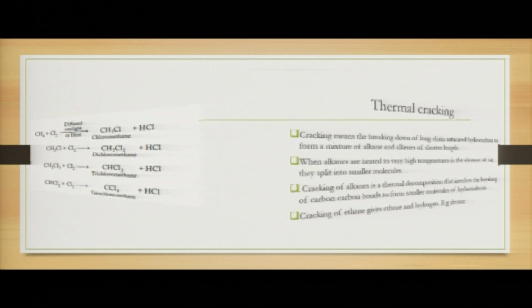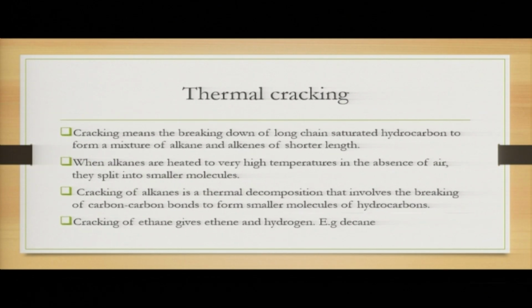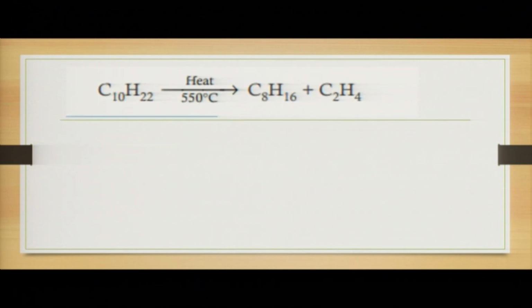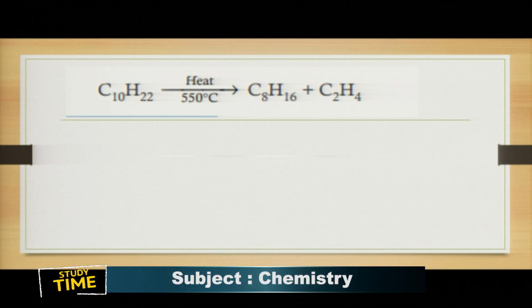Another example of the reactions that we need to look at is thermocracking. Cracking is the breaking down of a bigger alkane into smaller molecules. One of the molecules can be an alkene, this one is an alkene, and this is an alkane.